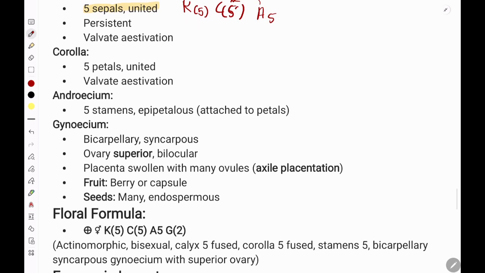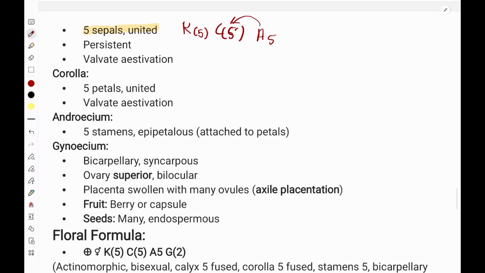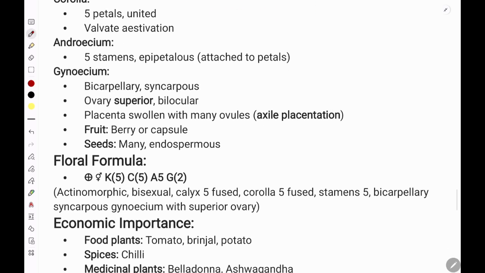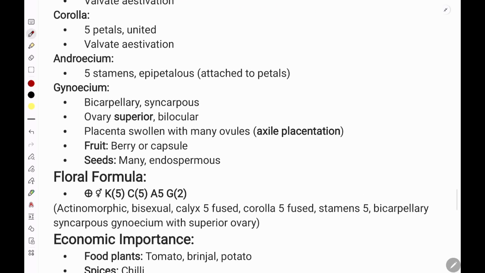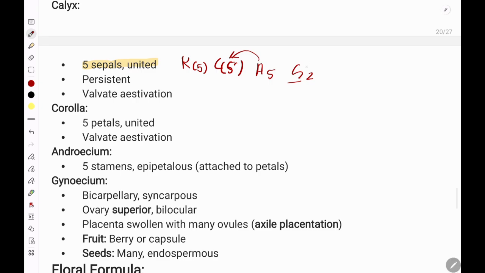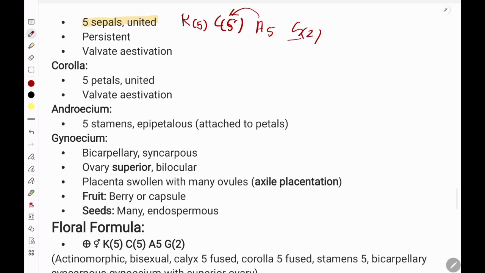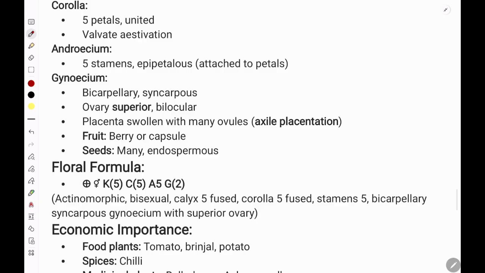The gynoecium is bicarpellary and syncarpous. The ovary is superior and the carpels are fused together.